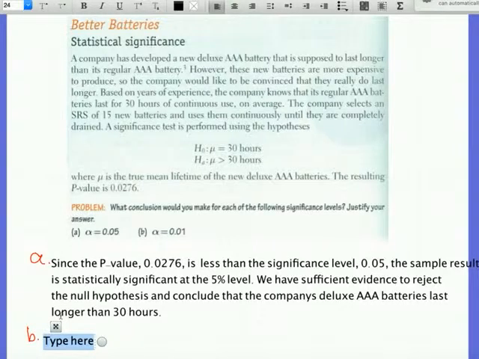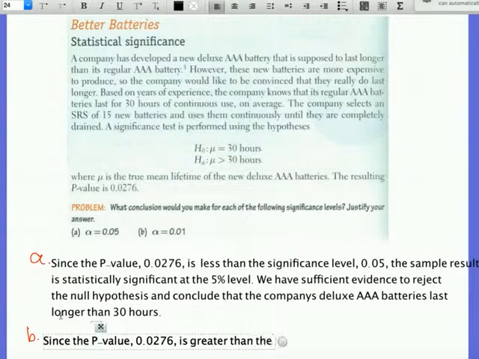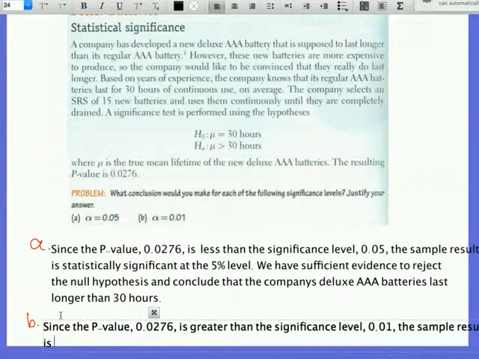So what we do in this case is we say, since the p-value is greater than the significance level, the sample result is not statistically significant at the 1% level.